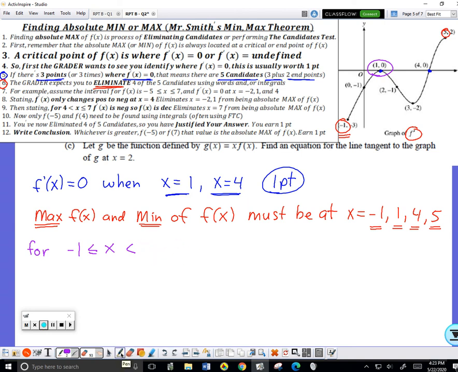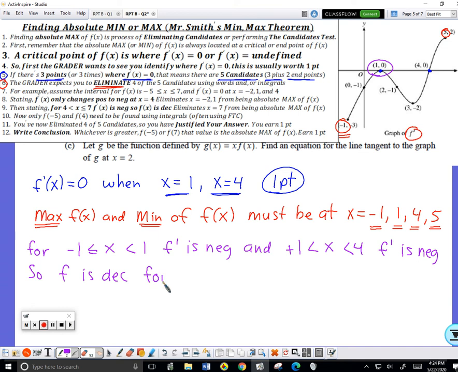So we go to 1, f prime is negative, and starting at positive 1, sorry, all the way to 4, f prime is still negative, so f is decreasing for the interval beginning at negative 1 and going all the way to 4.